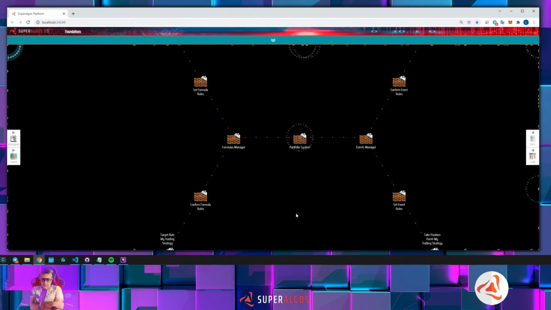Because if the trading engine is a very detailed source of information for each trading bot, imagine a portfolio system having access to all of the trading engines of all of the trading bots that it is managing. So really very, very powerful stuff.